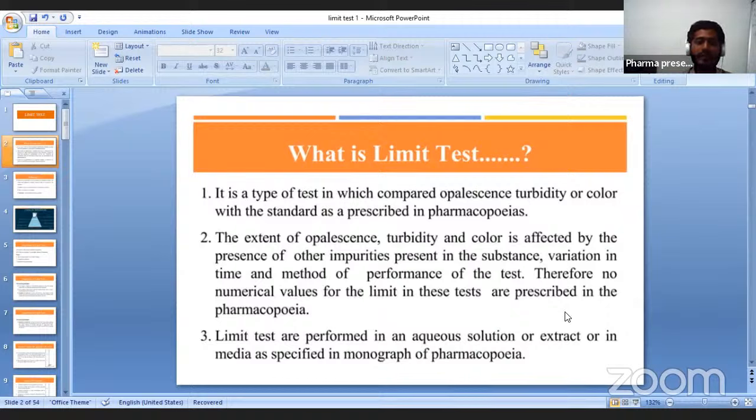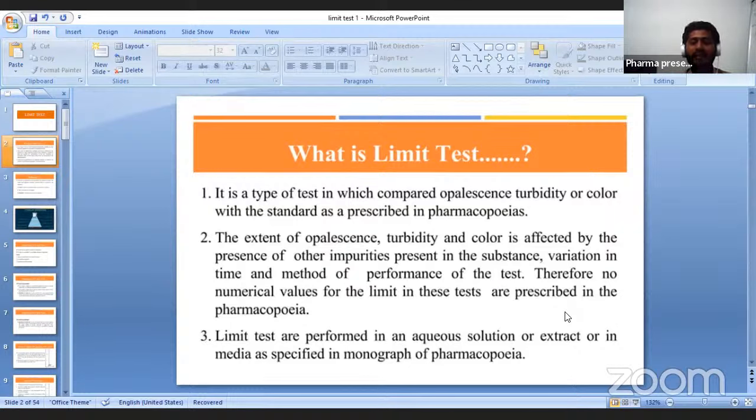So the general principle of all the limit tests is that either with color difference, meaning the intensity of the color of our test has to be lesser than the standard, because the standard gives you the maximum value that is acceptable. So if you want a limit test to pass, it has to be less colored, or have less opalescence, less turbidity.